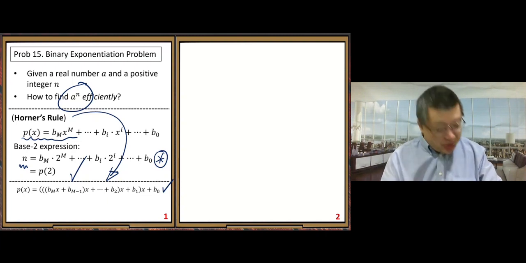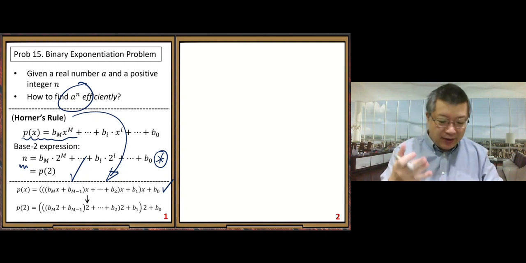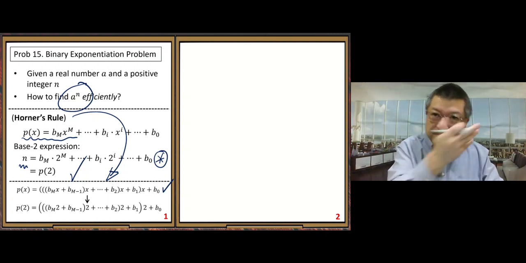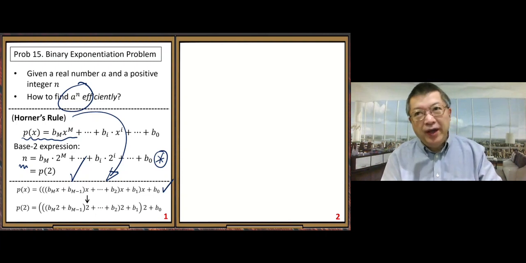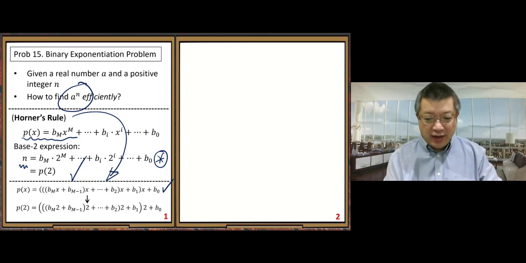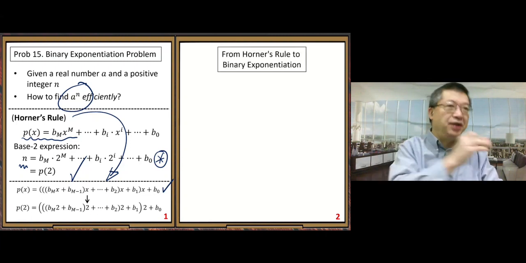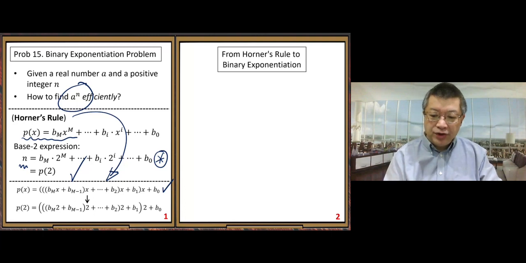Similarly, if we replace x by 2, then we hope we can enjoy the same fast efficiency. Now let's get to our real problem, from Horner's rule to binary exponentiation.